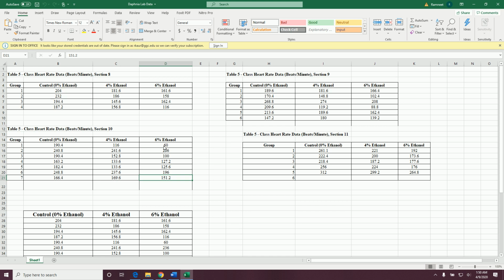Why I'm providing you with this data is I want you to check it and see that as we are increasing the concentration of the alcohol, the heart rate of Daphnia is actually decreasing. That is the aim of the experiment. We wanted to see the effect of alcohol on the heart rate of the Daphnia.